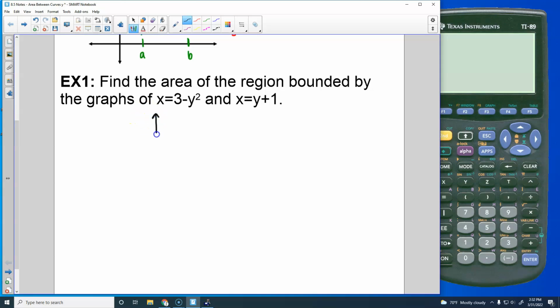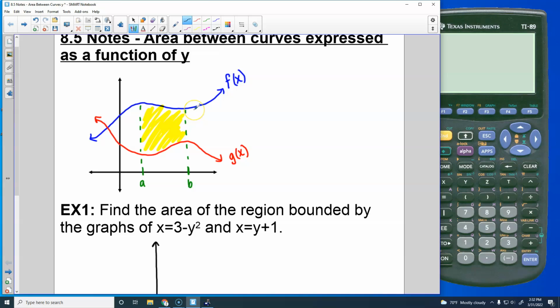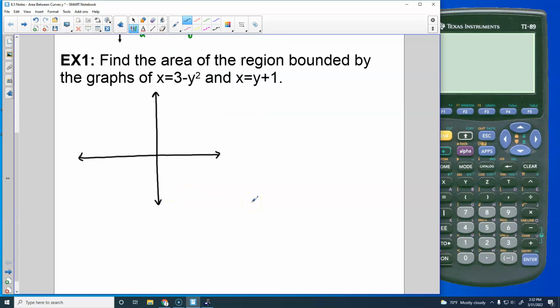Normally we would be doing this on a separate day, and I would be reminding you that we did the top function minus the bottom. And then I would graph this next one and show you why that's not going to be as easy. We don't have enough space to do that. You may use a separate sheet of paper if you would like.